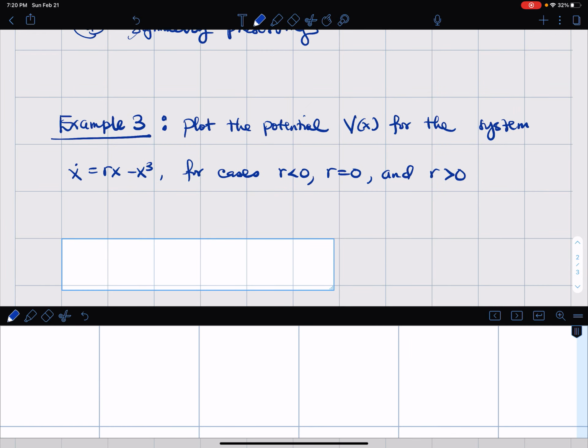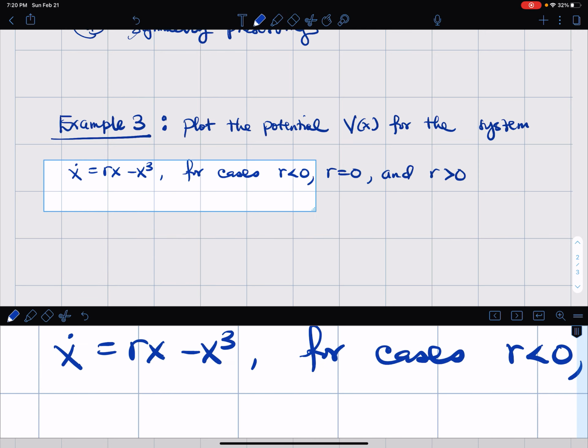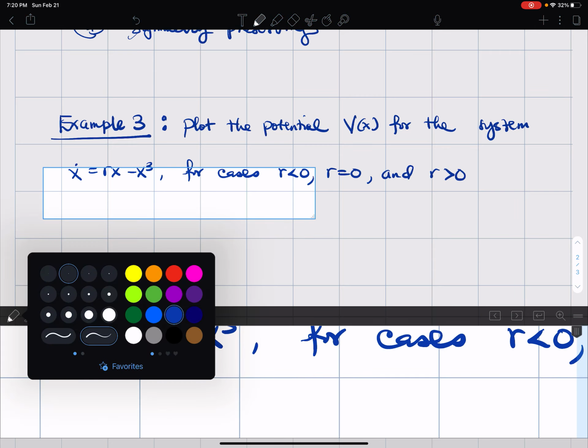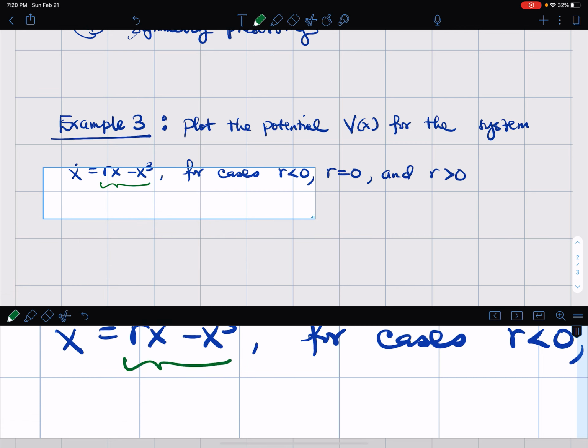All right. So remember, we have x dot is equal to rx minus x cube, and we can think of it as x dot is equal to f of x.